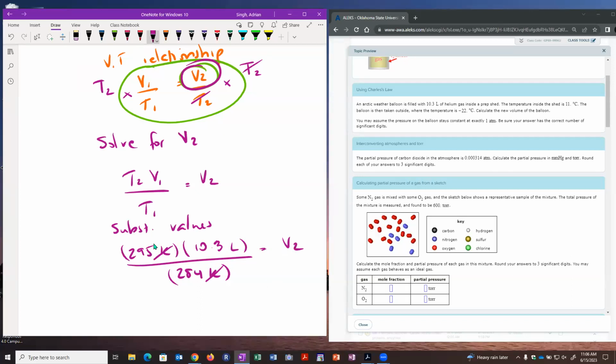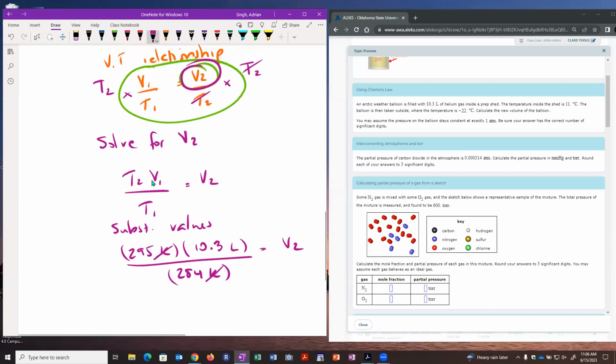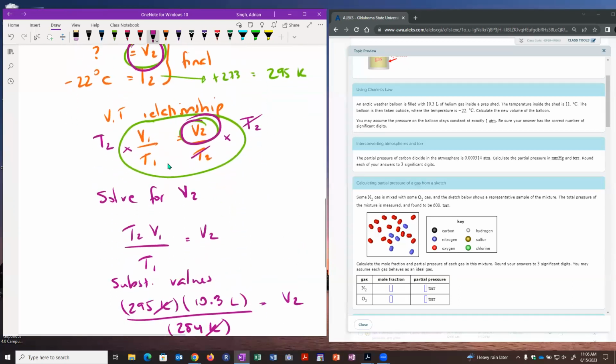The other thing that you can use here to confirm that you've set up and done the math and the algebra correctly is you can check and see, well, what's the relationship between V and T? Well, this mathematical relationship is a direct relationship, which means if we increase the temperature, the volume should increase as well, okay?